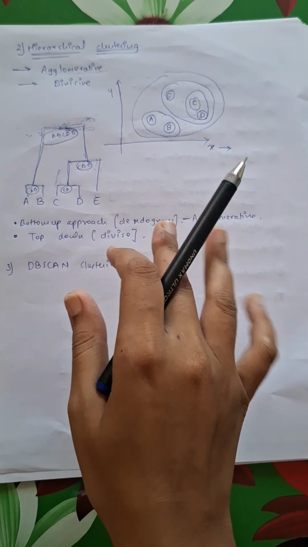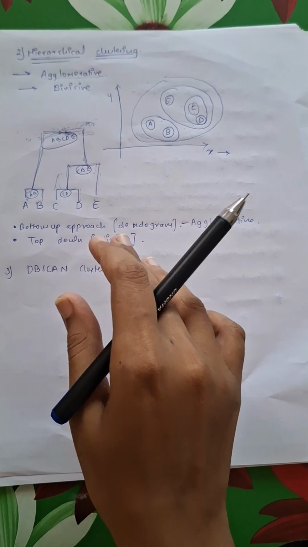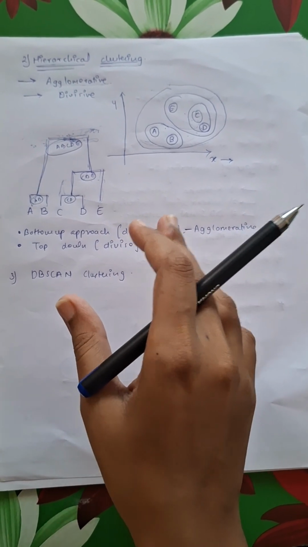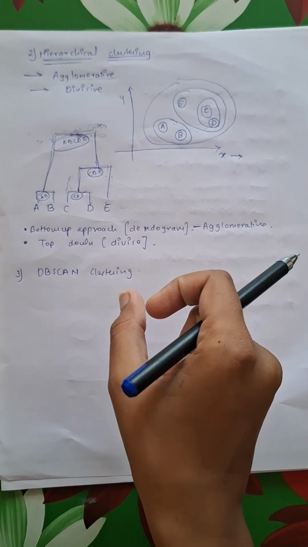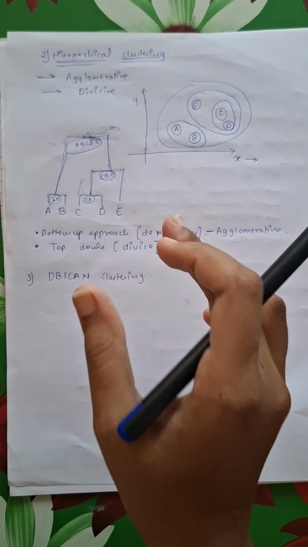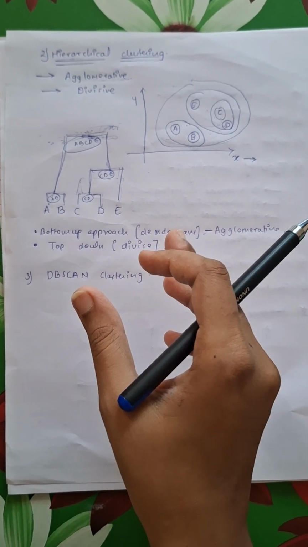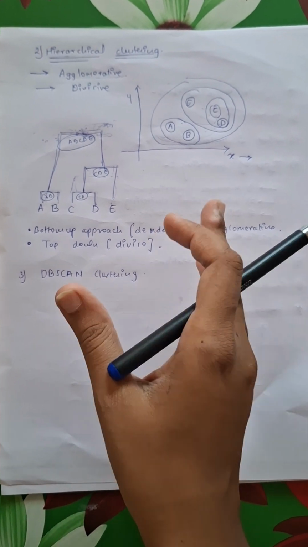Next we'll see the density based spatial clustering algorithm. These algorithms form clusters based on areas where data points are densely packed, and the points in low density areas are considered noise or outliers.